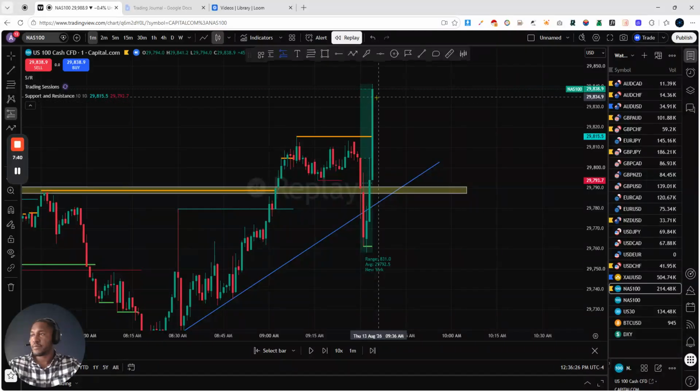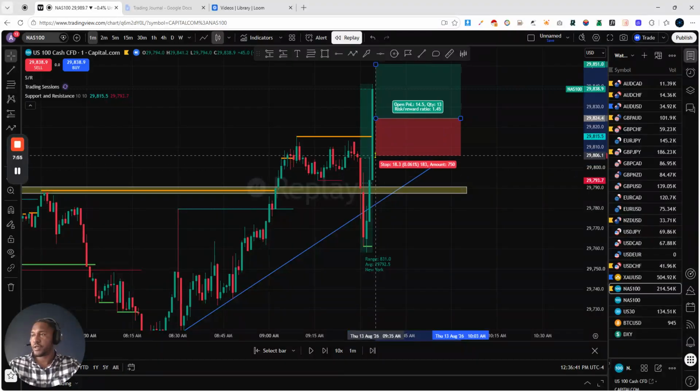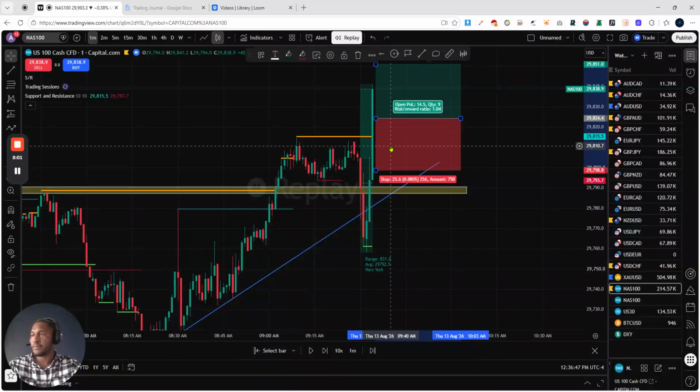Actually, I really wouldn't wait for the candle to close too much. Once we're moving with velocity, like right around here, this is my second trade. Give me about a 25 point stop loss. There's a level right here.